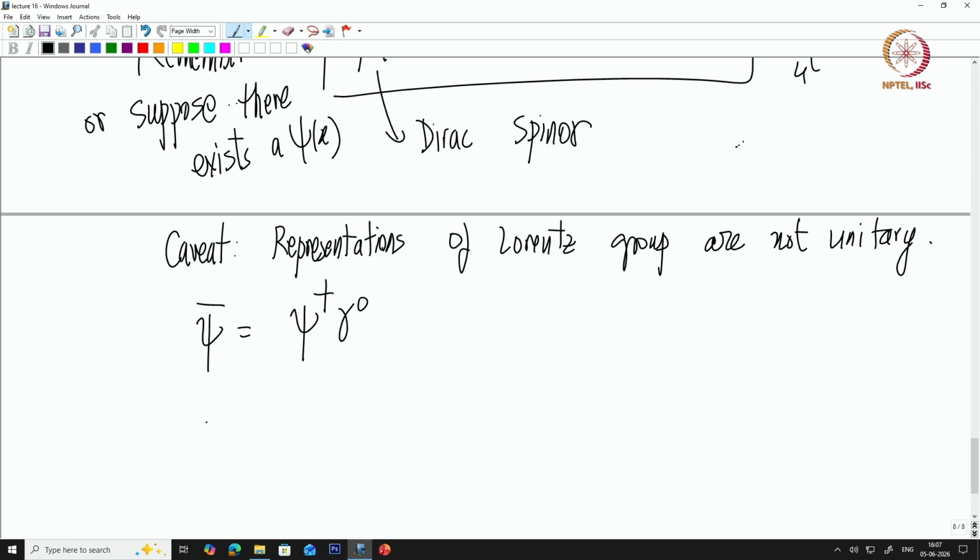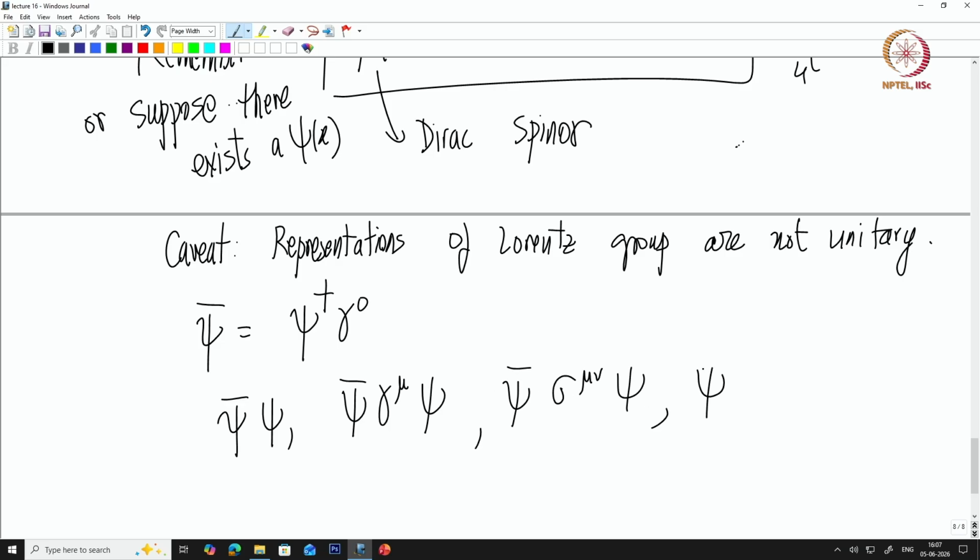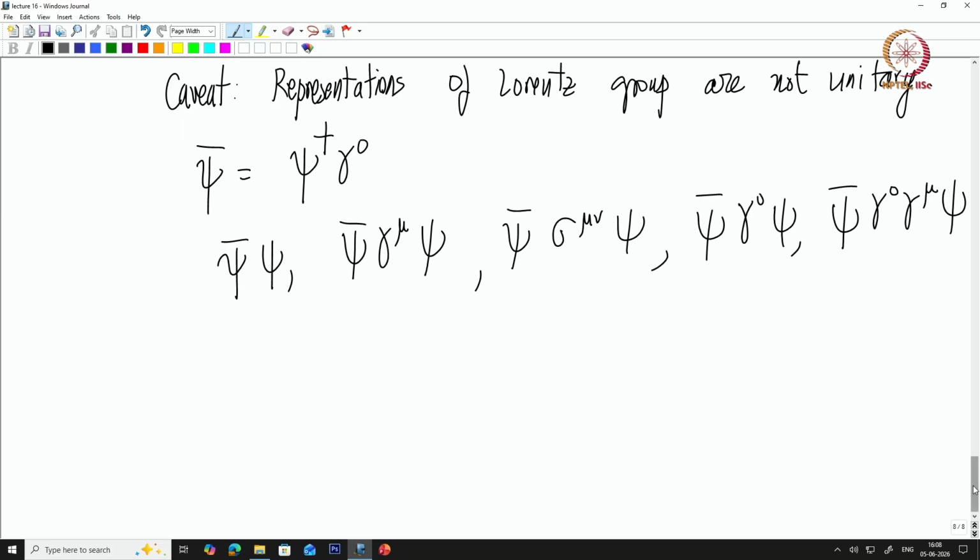From this you can build covariants: psi bar psi, psi bar gamma mu psi, psi bar sigma mu nu psi, psi bar gamma 5 psi, psi bar gamma 5 gamma mu psi.